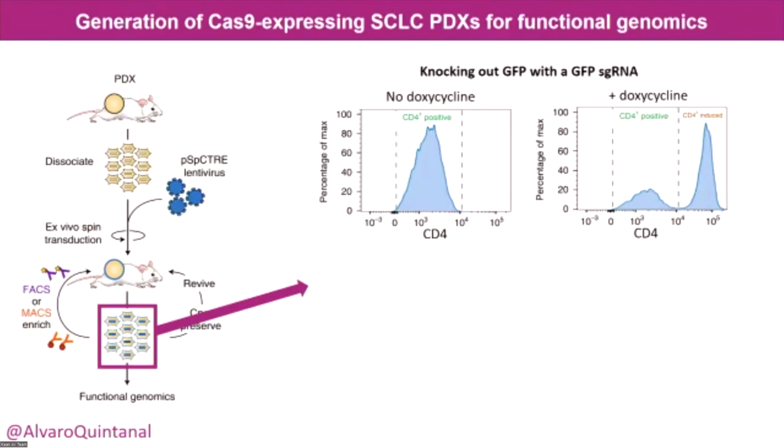So this is very interesting because it was suggesting that in the cells that express CD4 but do not get enhanced expression of CD4, we don't really get Cas9 expression. But the cells that get enhanced CD4 expression get high expression of Cas9, and that's where the editing actually happens. So we have a way to basically monitor which cells within one tumor are able to edit and which ones are not.